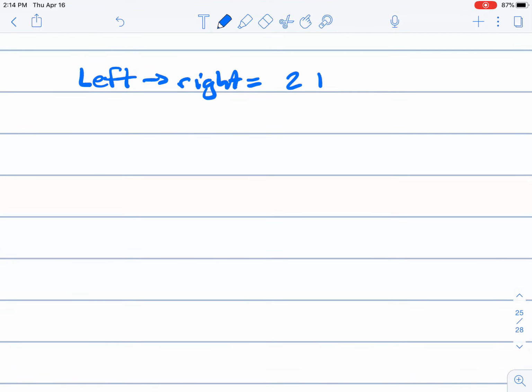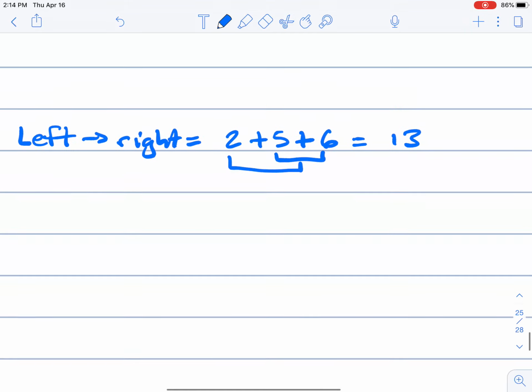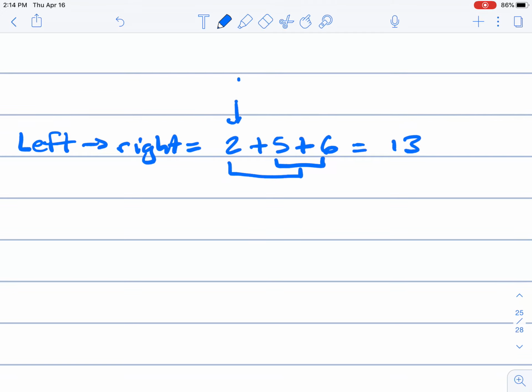So 2 plus 5 plus 6 gives me 11, plus 2 is 13. So if I go from left to right, the total value of the carbon numbers that have a substituent is 13.